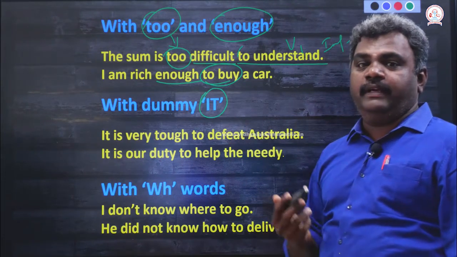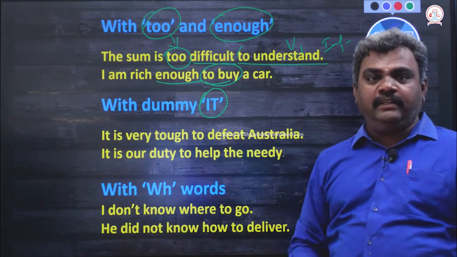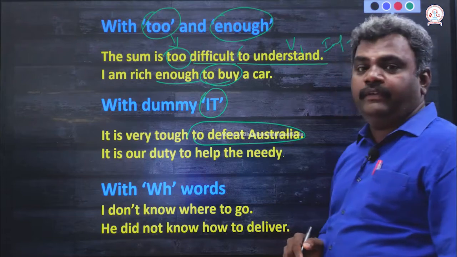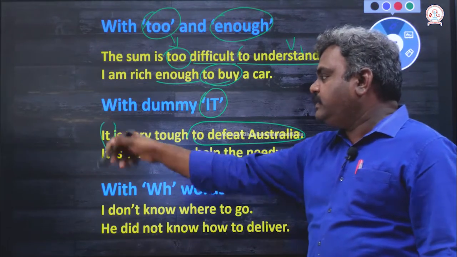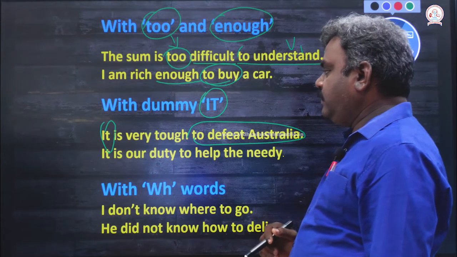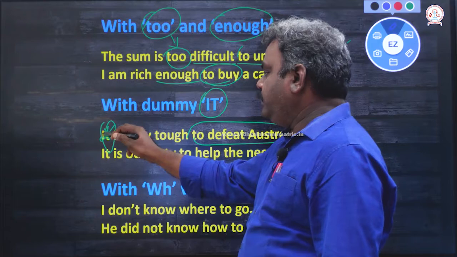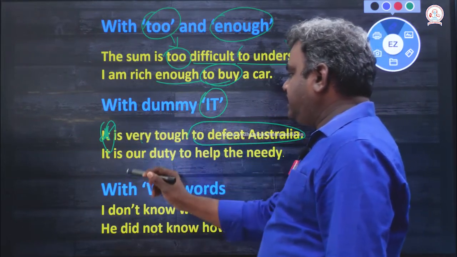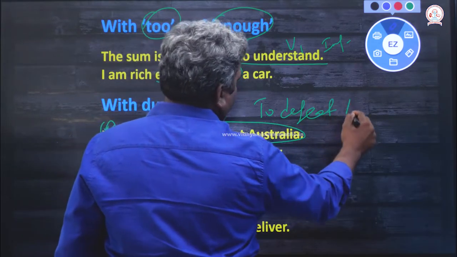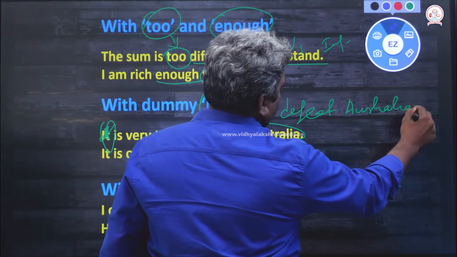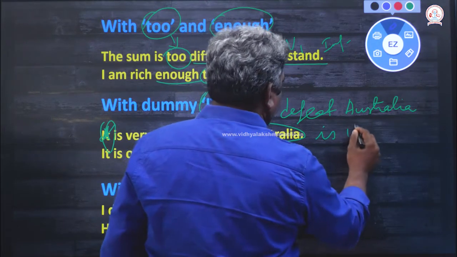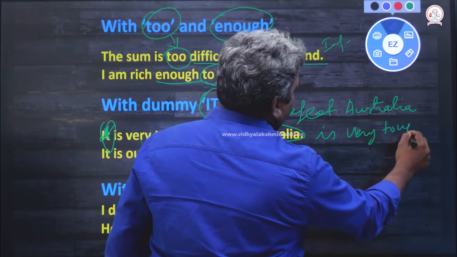Okay, with the dummy it. What is this, sir? We have never heard about this dummy it. It's nothing. Instead of using the infinitive as a subject, we are just putting the word it. It's very easy. It's very tough to defeat Australia. If you remove it, you can take the subject: to defeat Australia is very tough.